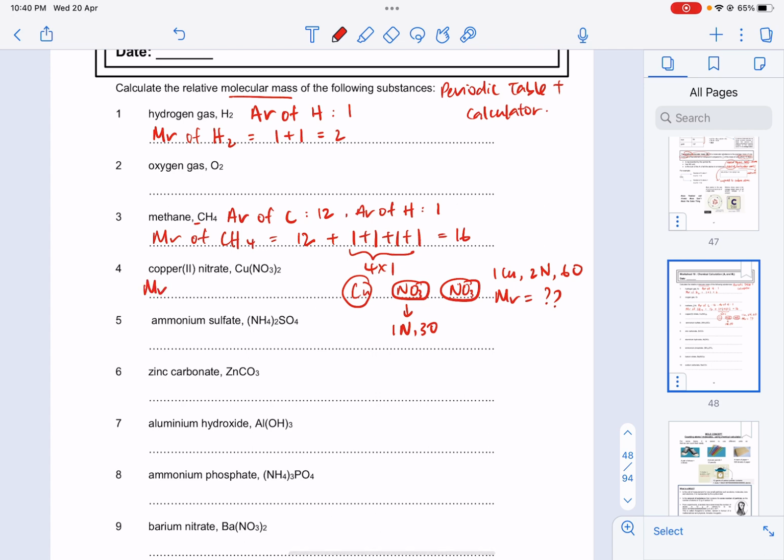So the MR will be equal to 64 because that is the AR of copper, plus 2 times 14 because that is the AR of nitrogen, plus 6 times 16 because that is the AR of oxygen. So 64, 14 and 16. You have to refer to the periodic table. Okay? That will be copper, nitrogen and oxygen.